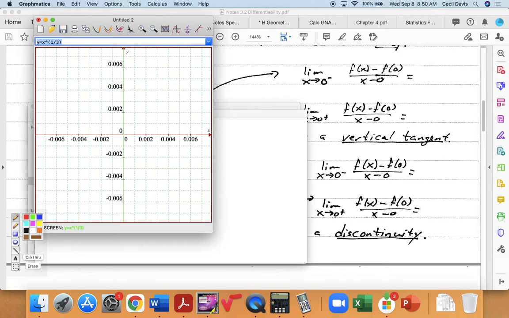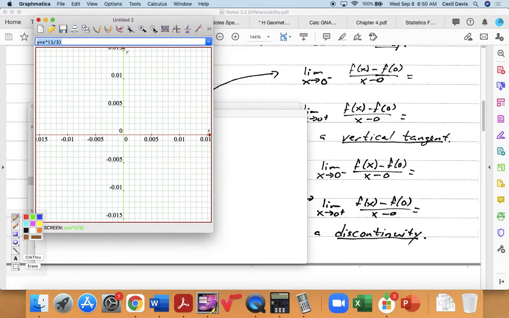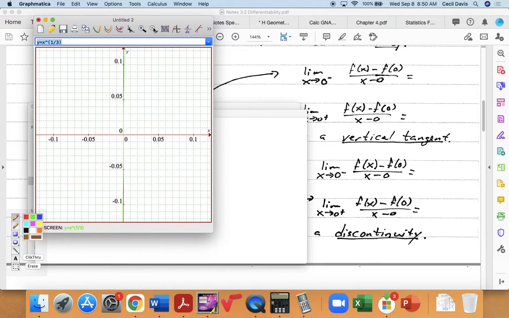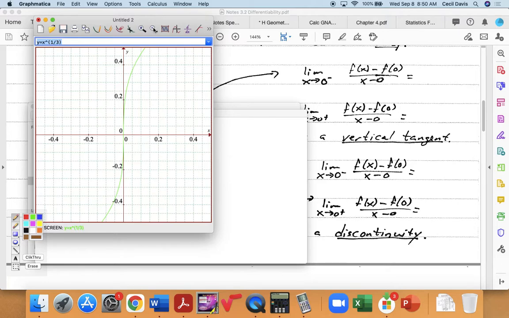You're like, where's the graph? Well, it's there. Zoom out a little bit. Oh, look at that. That's not a very nice color. It's a difficult color to see.